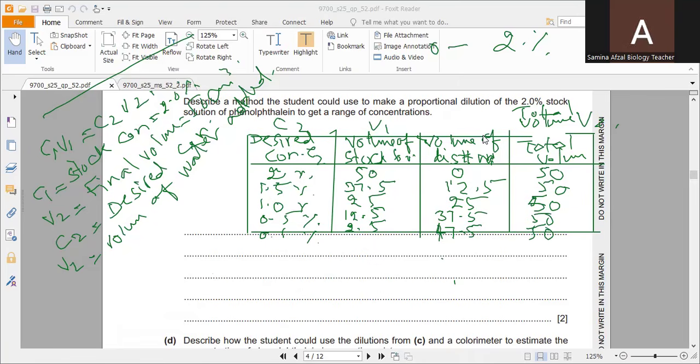Again, it will be equal to 50. So how do we do this? By using this formula, we can calculate.